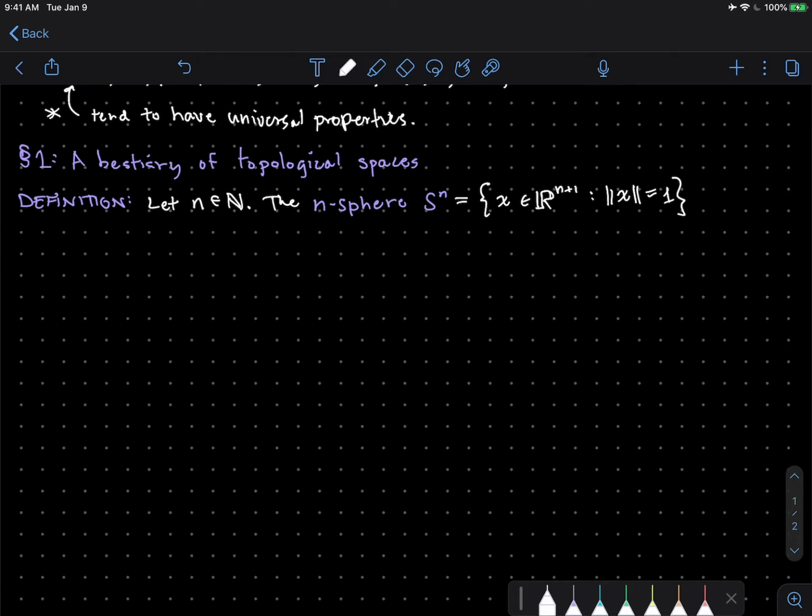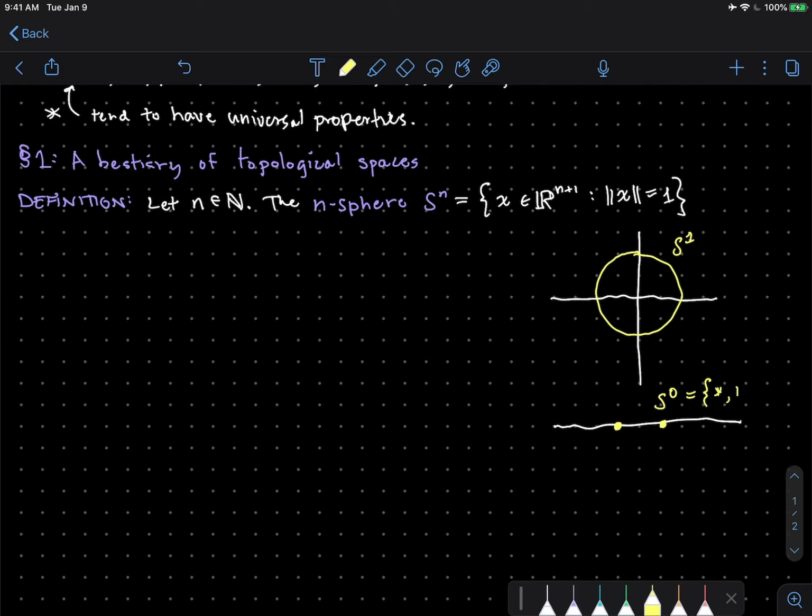All right, so an example. This is R2. The one sphere is the circle that you know. In R1, the zero sphere is just 2 points.